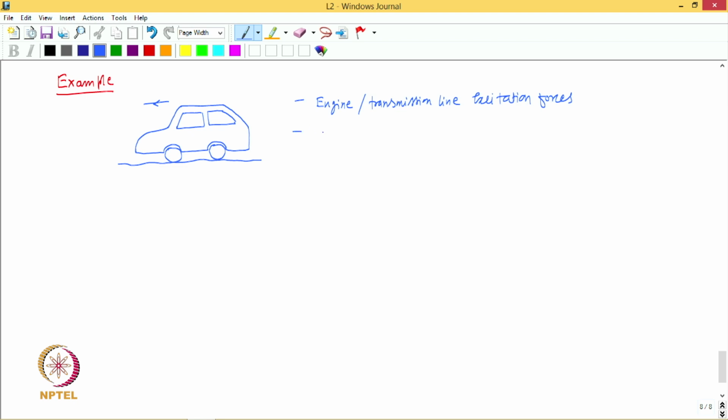The excitation may also come from the ground because of the road roughness, that is, excitation due to road irregularities.